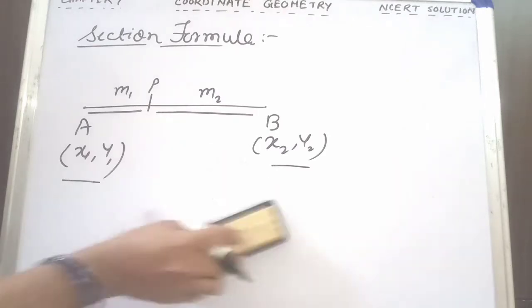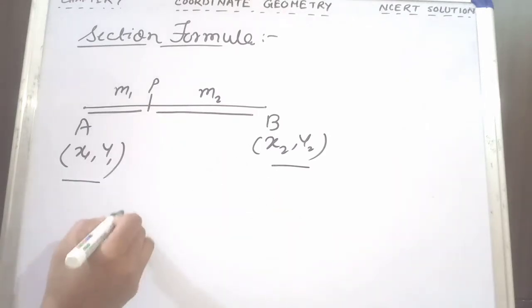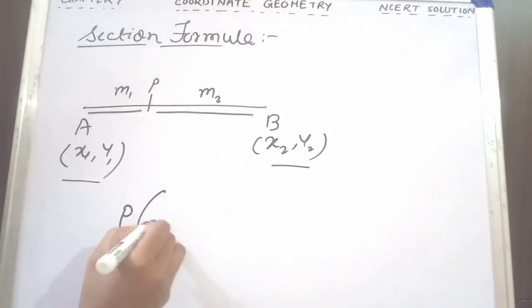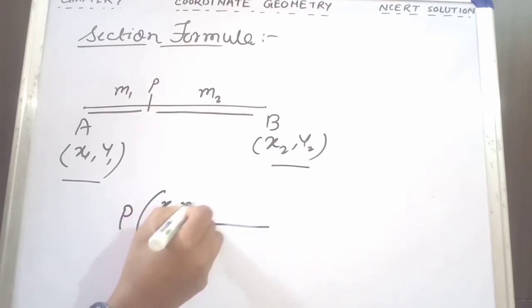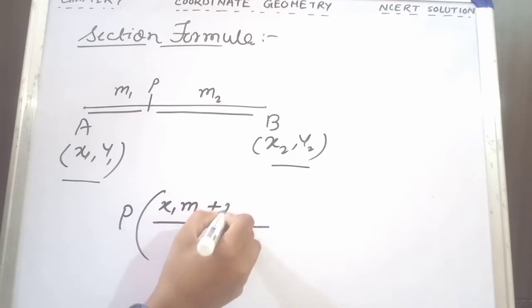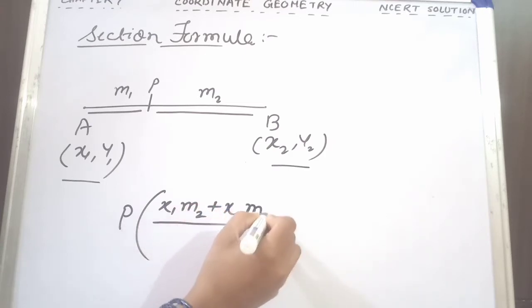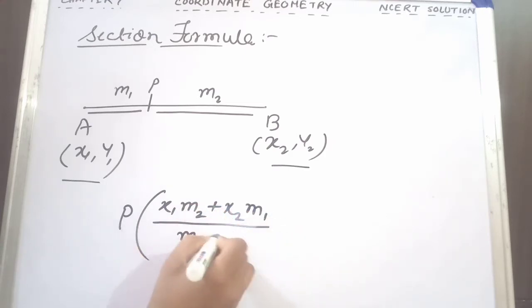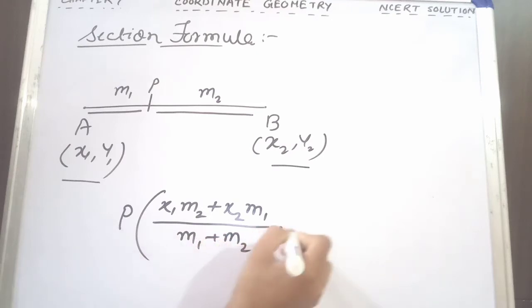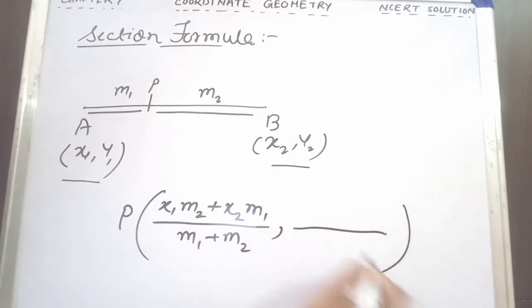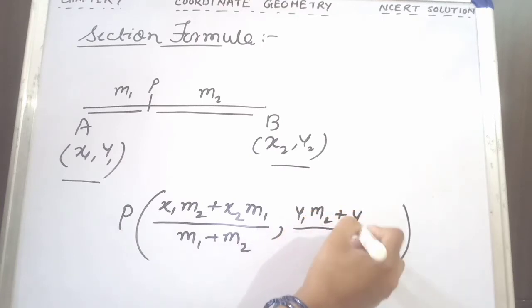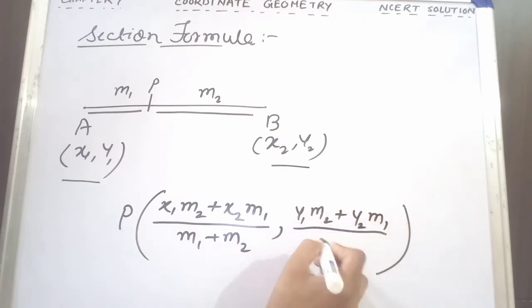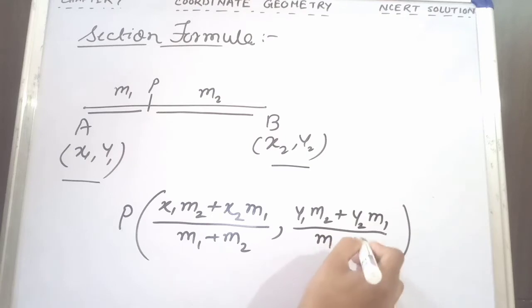Coordinate of P: the x coordinate is (x1 M2 plus x2 M1) upon (M1 plus M2) and the y coordinate is (y1 M2 plus y2 M1) by (M1 plus M2).